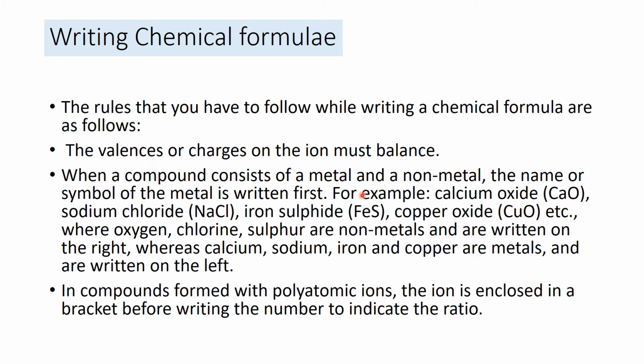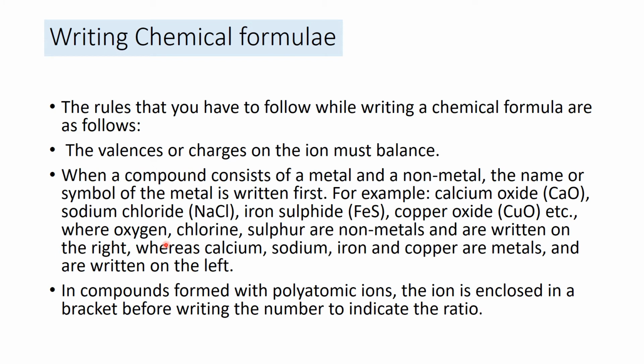As you can see in the examples, calcium oxide, calcium is metal, oxide is non-metal. In the same way, sodium chloride, sodium is metal, chloride non-metal. Iron sulfide, iron is metal, sulfide is non-metal. Copper oxide, copper is metal, oxide is non-metal.